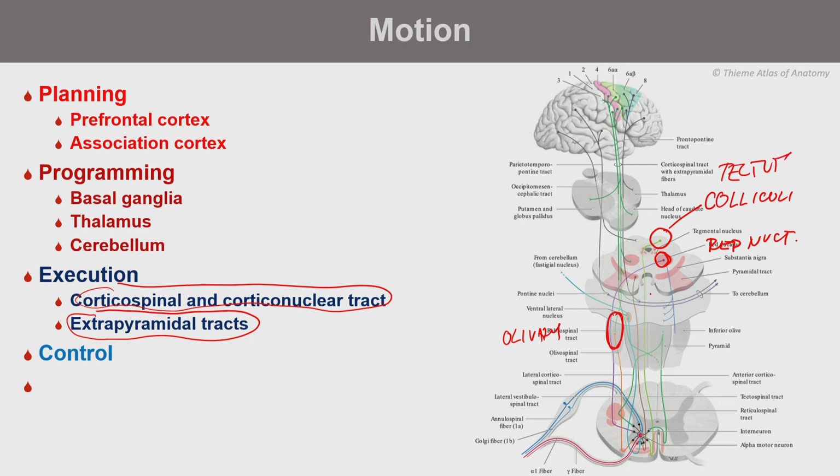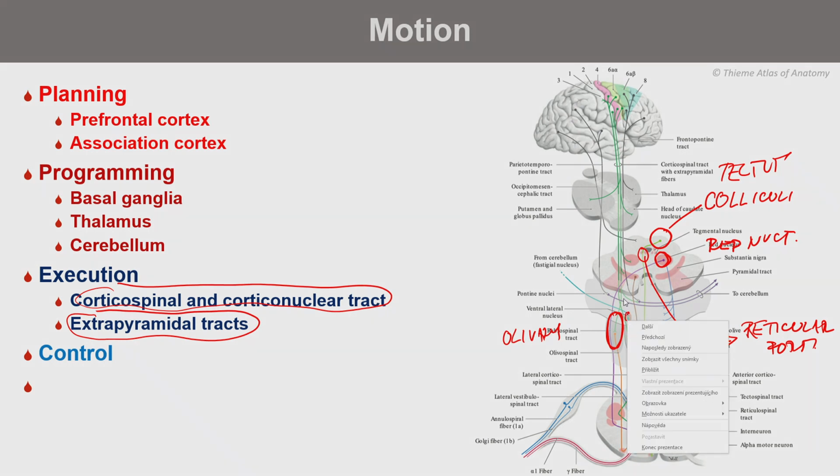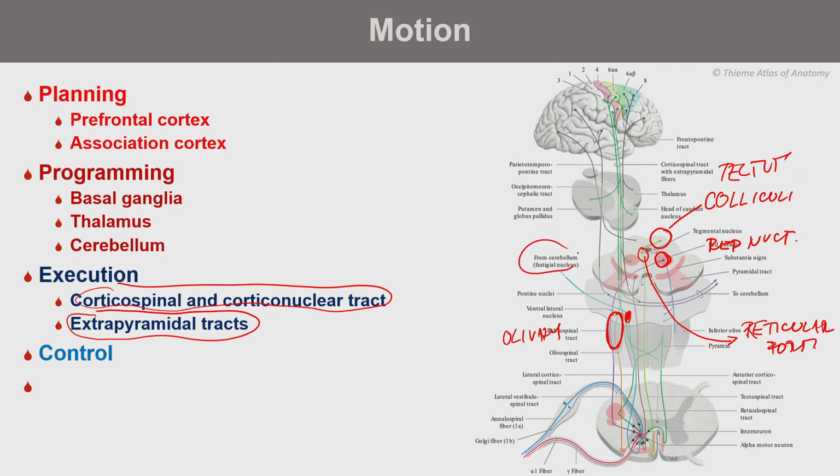And then also very important is the input from the reticular formation, and most of the motions are under guidance from the cerebellum, from the fastigial nucleus, from the old part of the cerebellum.